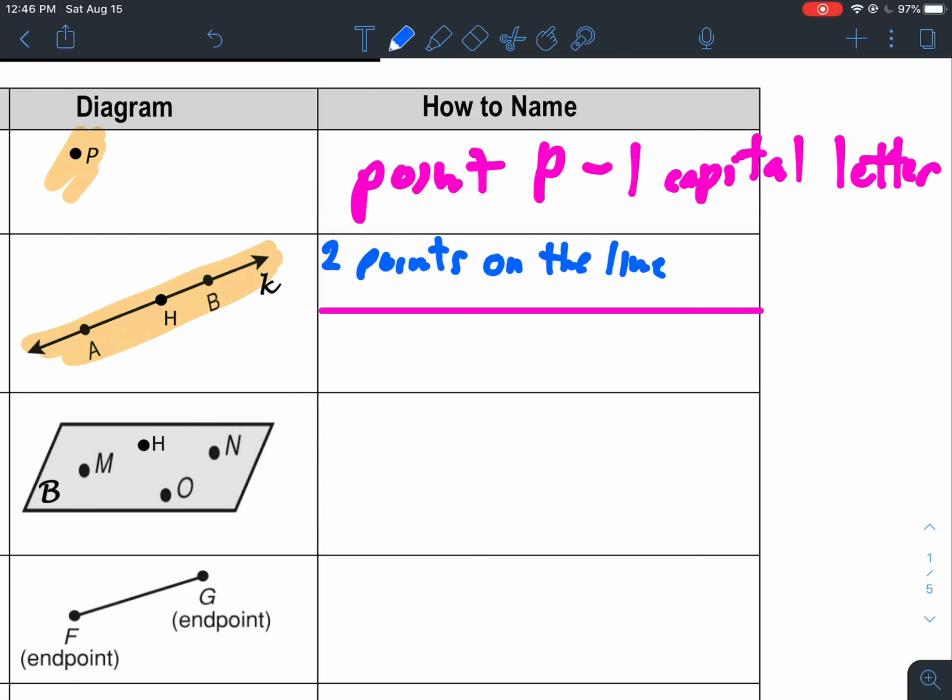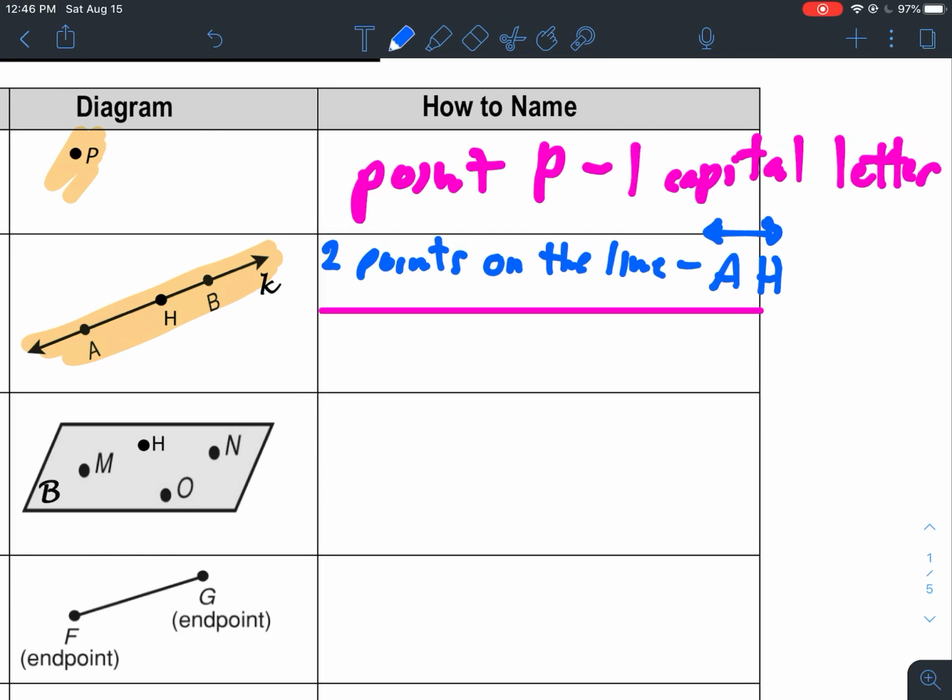For example, you could write AH, or AB, or HB, or BA, or anything like that. And then what we do is we put a little line hat on top of it. So basically it's just a little line, and it's called a line hat. Make sure it has arrows on both sides, because a line has arrows on both sides because it goes on forever.